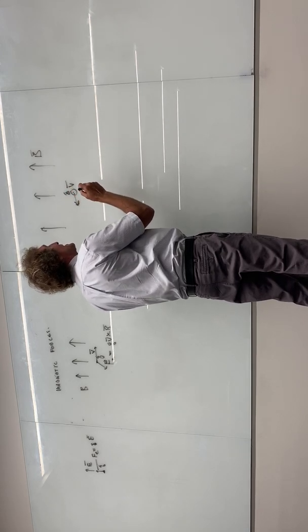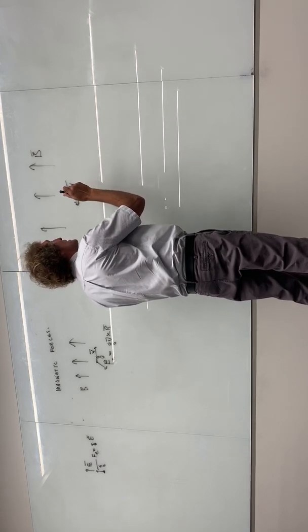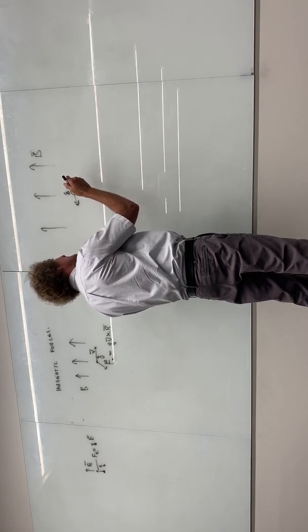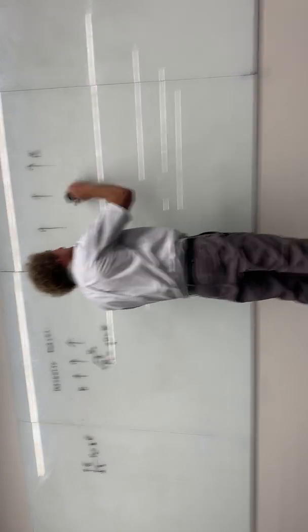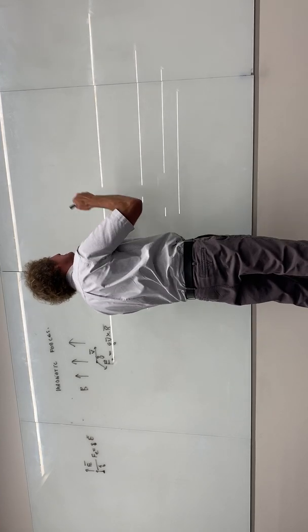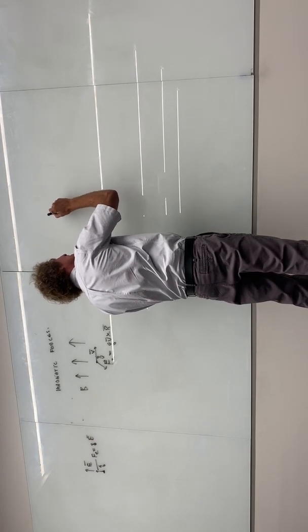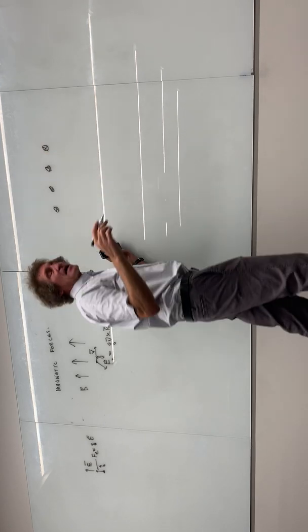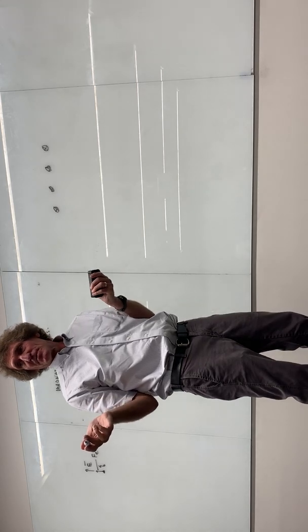And since it's going into the board, that way it's going to start bending, and it's not going to do it either. I'm going to have to do this a little different. Let's put the B field into the board. I'm not good sketching three-dimensional drawings. I'm trying to keep this 2D.